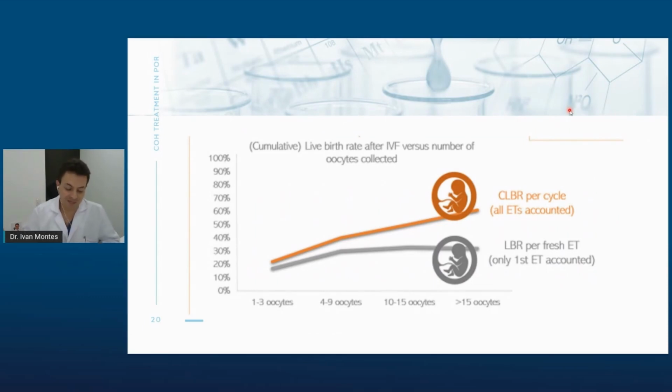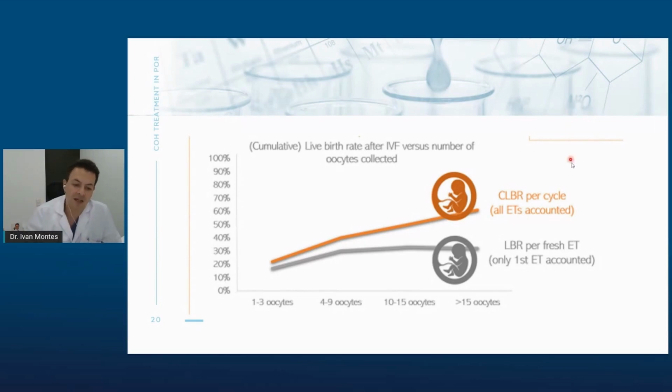So it's very controversial to do the hyperstimulation treatment for these type of patients, because now we know that the lower the number of oocytes collected, the lower the chances of pregnancy.